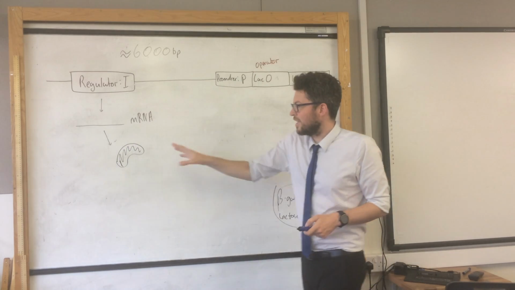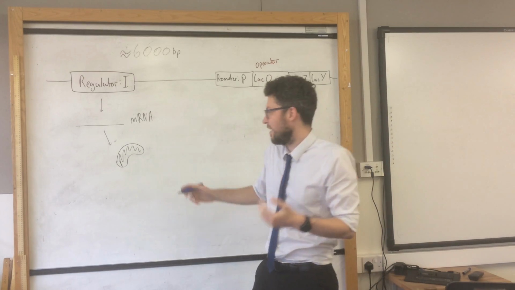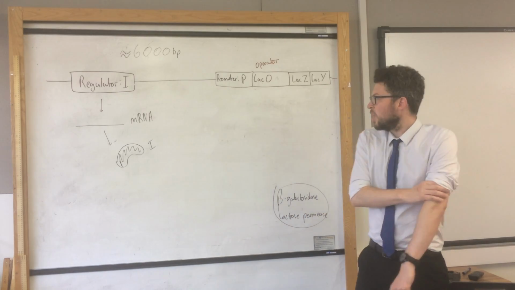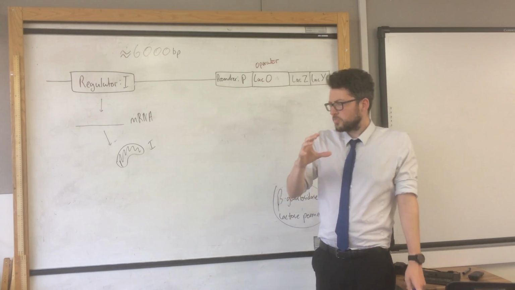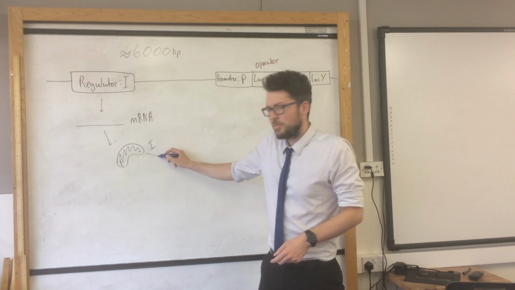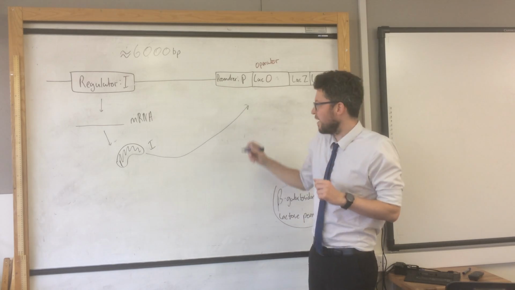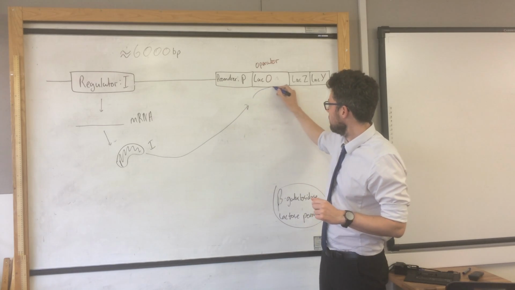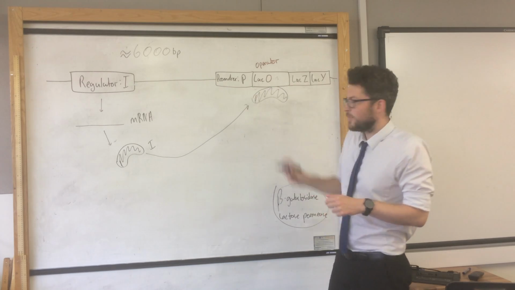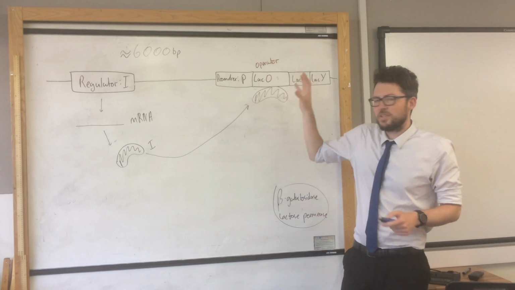So that's our regulator protein, which we'll call I, as that's the letter that you need to know for this. In normal conditions, the regulator is able to move and it binds to the operator region, like so. We can see there that the regulator protein is bound to the operator.